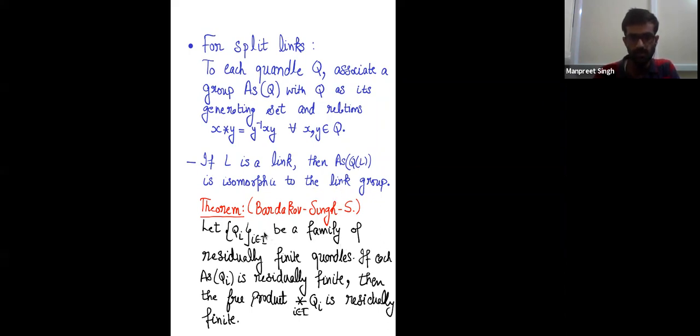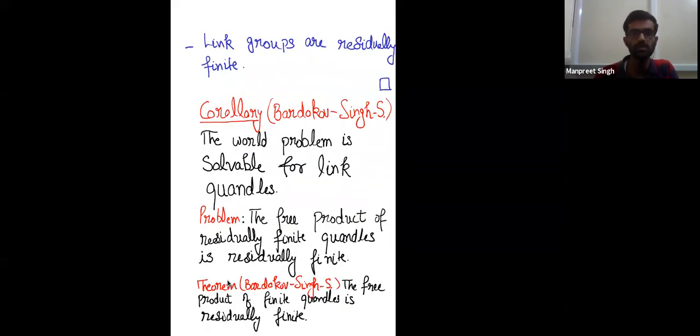We have proved that if we are given a family of residually finite quandles, then their free product is residually finite, provided their associated groups are residually finite. So we need a hypothesis here. We have settled the case for non-split links.